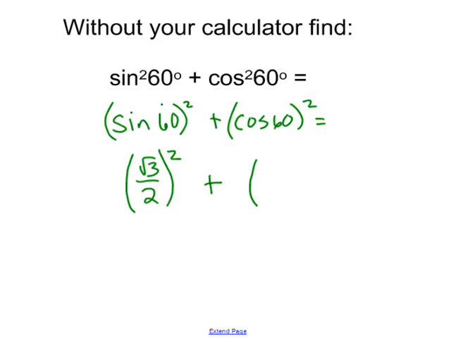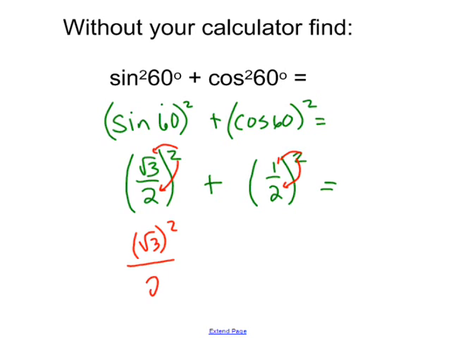Cosine 60 is the same thing as 1/2 squared. And now we use our exponent rules. If I have a fraction, that means I take my power to both the top and the bottom. So I have the square root of 3 squared over 2 squared plus 1 squared over 2 squared.